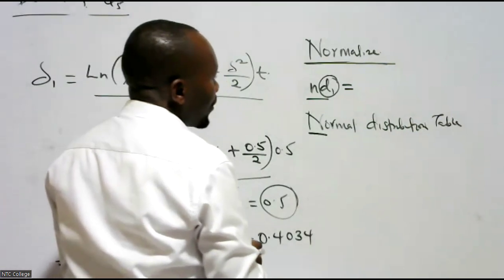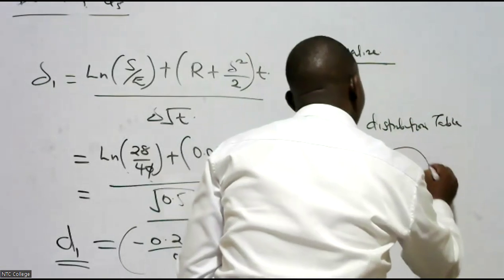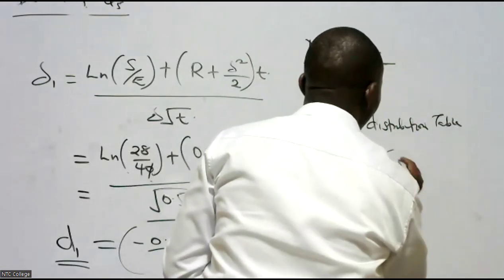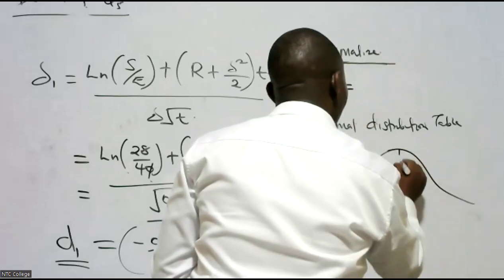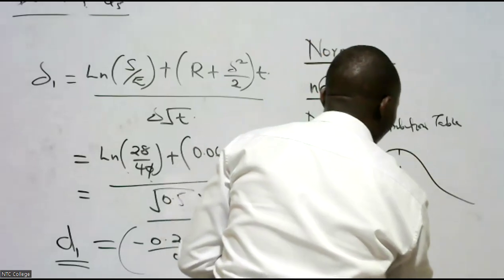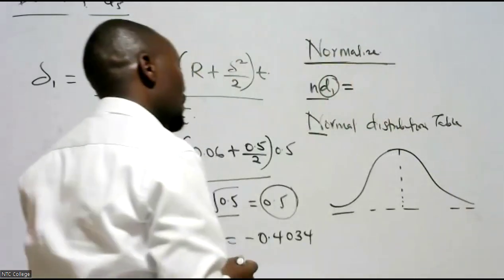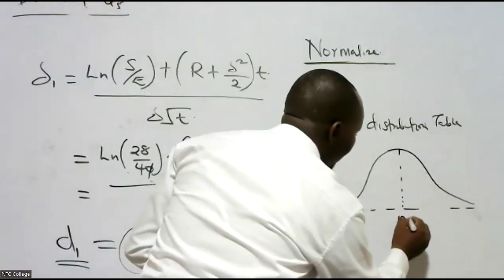On the normal distribution table, the table looks like this. That is how the normal graph is. So normally, this one is 0.5, a half.